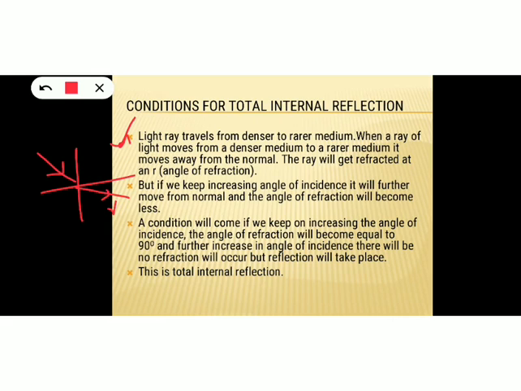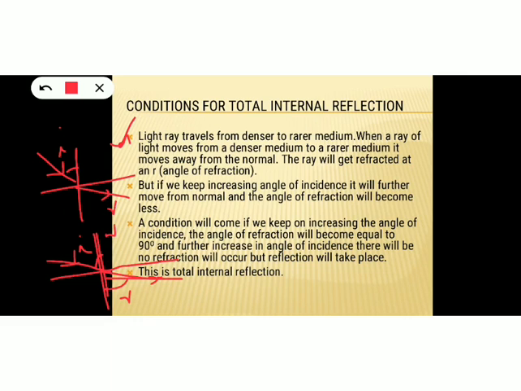Suppose we increase the angle of incidence. What happens? See, this is the normal, and this is the angle of incidence initially. Now we have increased the angle of incidence. So when the angle of incidence is increased, correspondingly the angle of refraction also increases.